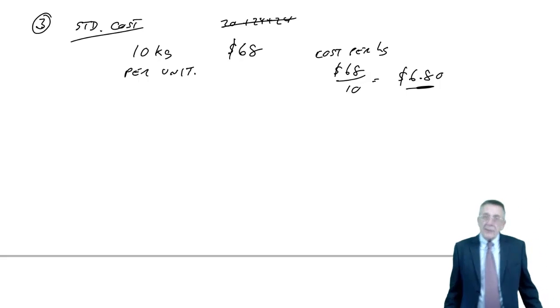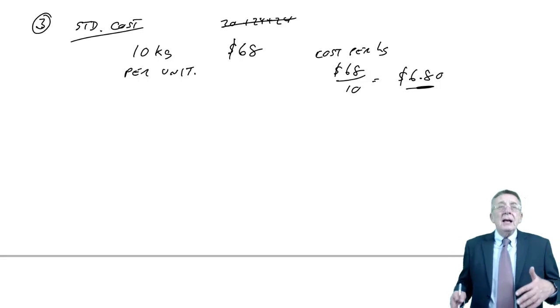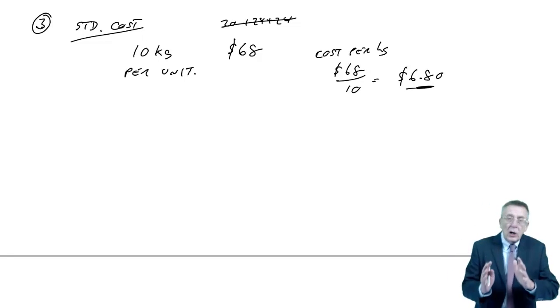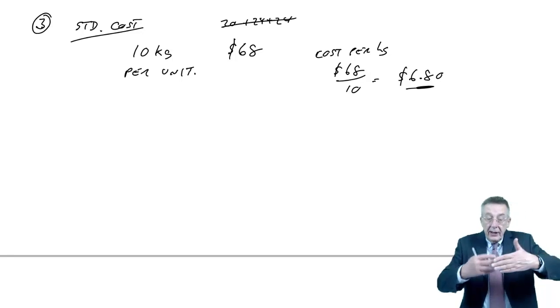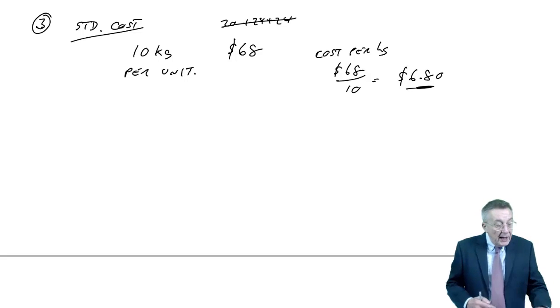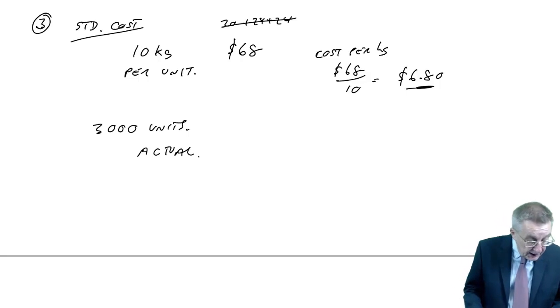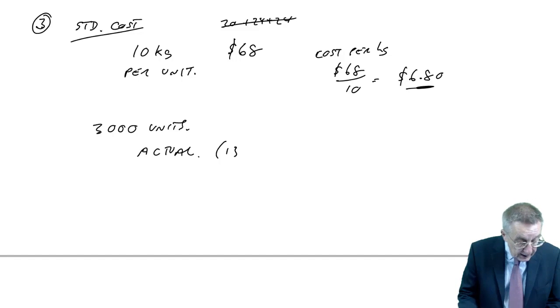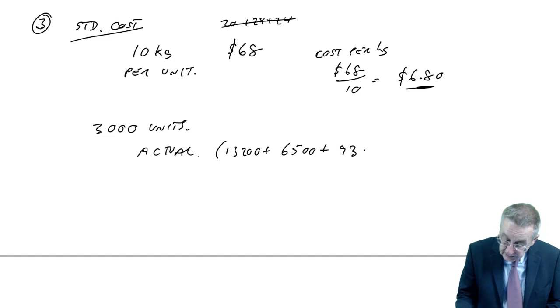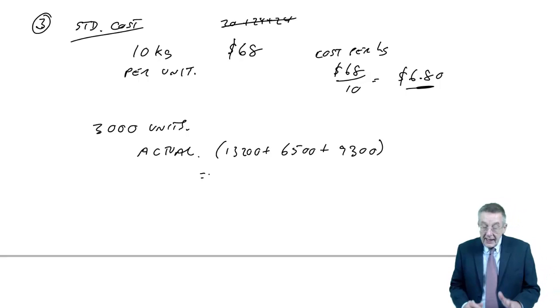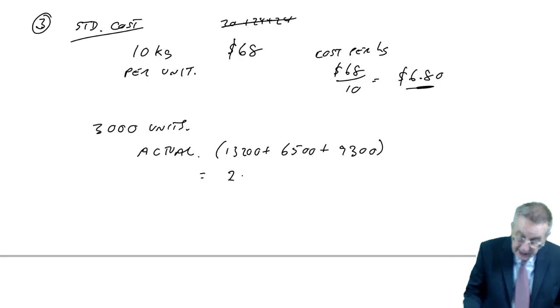Now, we're only after the yield variance. So for the yield variance, effectively, it's as though all the costs are as standard and the mix is as standard. And so let's look at what actually happened. We produced 3,000 units. The actual usage in total, 13,200 plus 6,500 plus 9,300. 13, 19, 7, 28, I think 29,000 kilos.